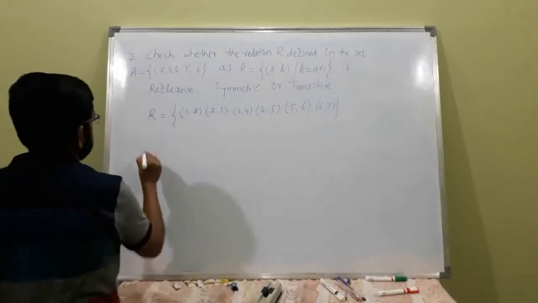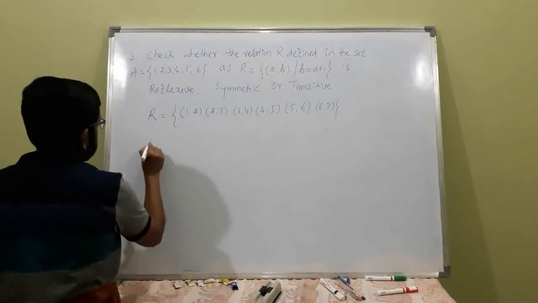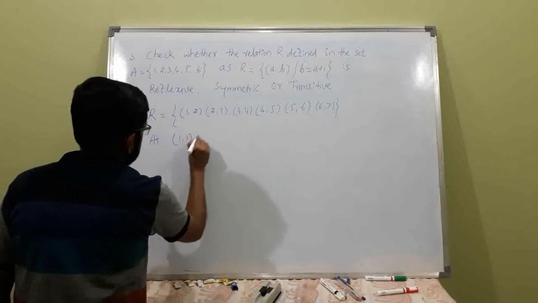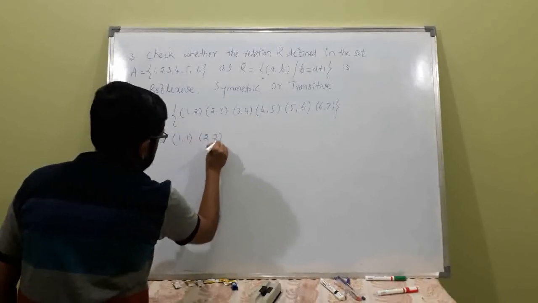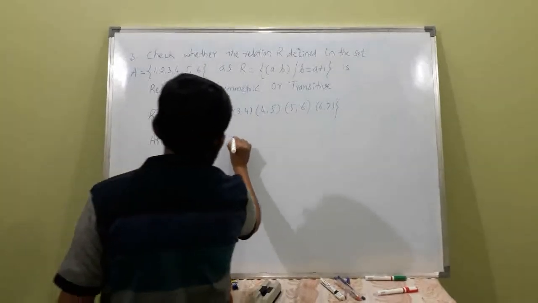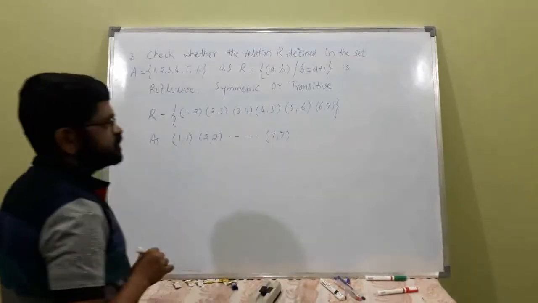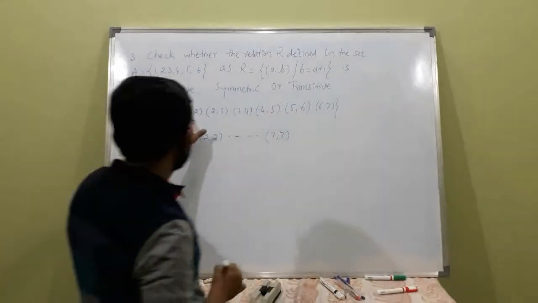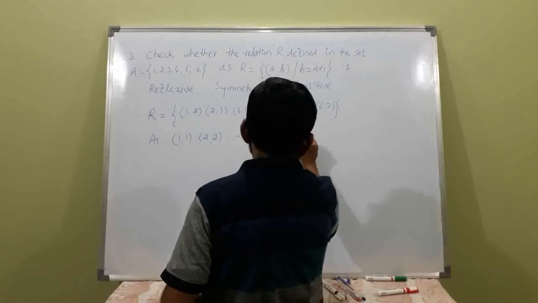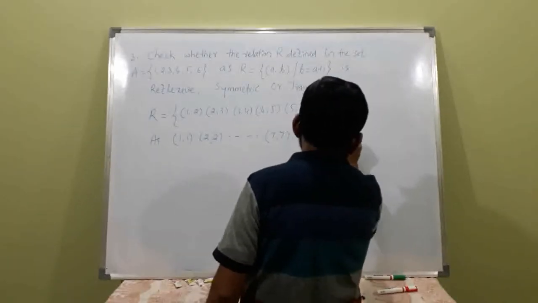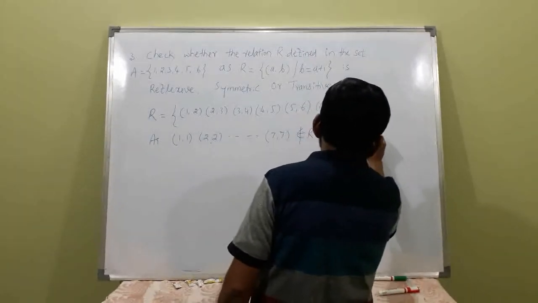Now, since (1, 1), (2, 2), and so on up to (7, 7), no such elements are in R, they do not belong to R. R is not reflexive.